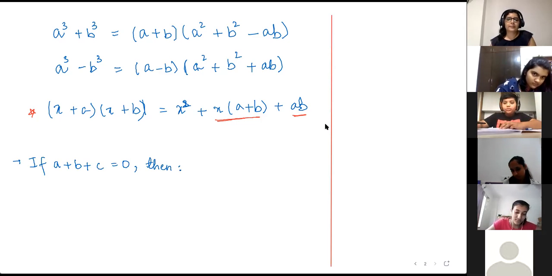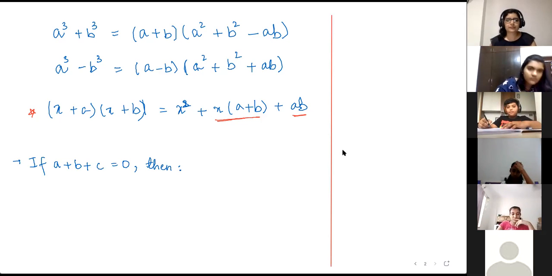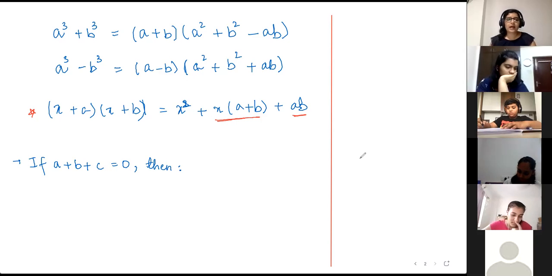Ma'am, can you repeat, please? Yeah. So if a plus b plus c is equal to 0, then what do you think will happen? If you apply a plus b plus c equal to 0, RHS of that identity का value क्या होगा? Ma'am, 0.